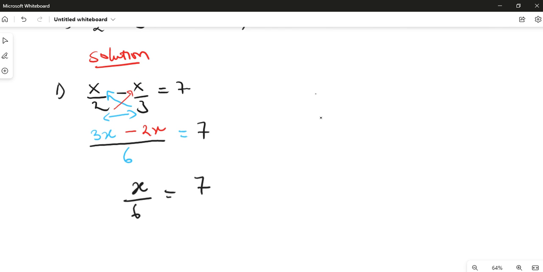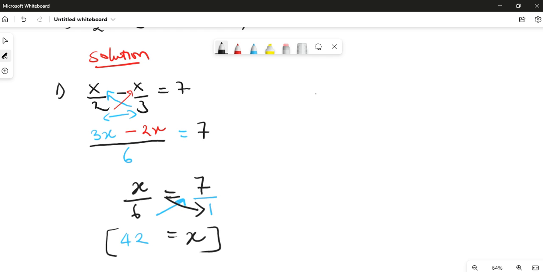We're going to say 6 times 7, that is 42, x times 1. Just imagine this 7 is over 1, so x times 1, that is x. So our value of x is 42.